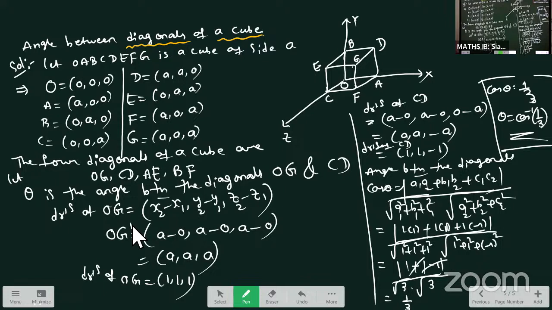Before going to the next chapter, there is one more interesting question in this chapter, one last question. When 3 vertices are given, how do you find the different angles? This is also another important question. You can expect this question.